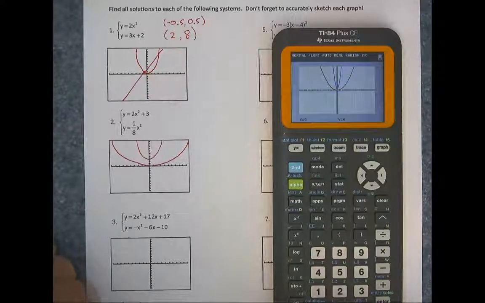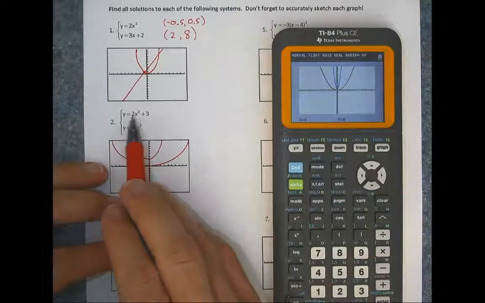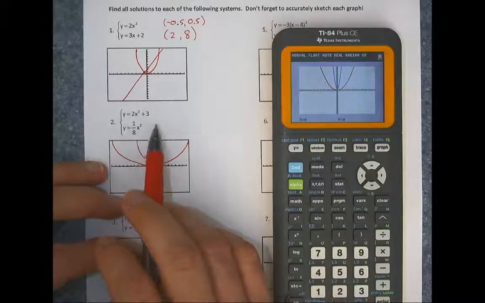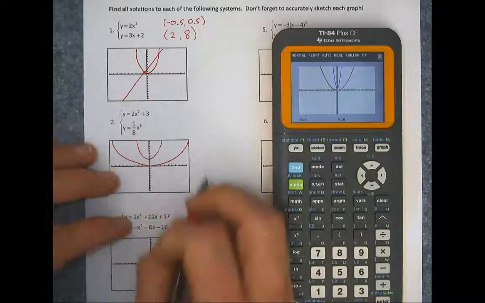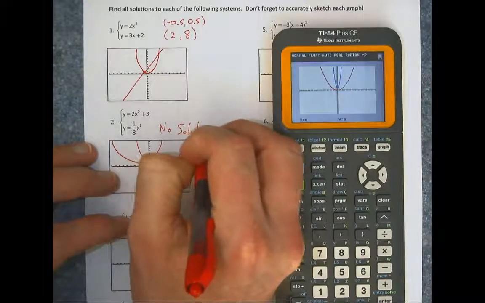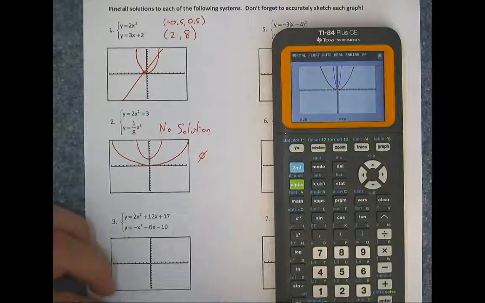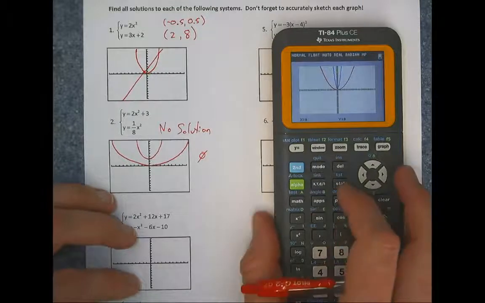So these are not going to intersect, which means there is not a single xy coordinate that you can plug into both of these and have it work at the same time. So this is what it looks like when there's no solution. And of course, we know you can put this symbol as well. Okay, so if they don't cross, that means there's no solution.